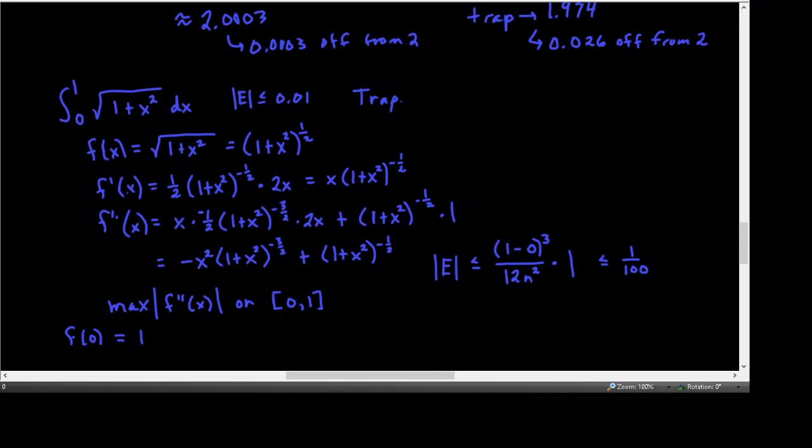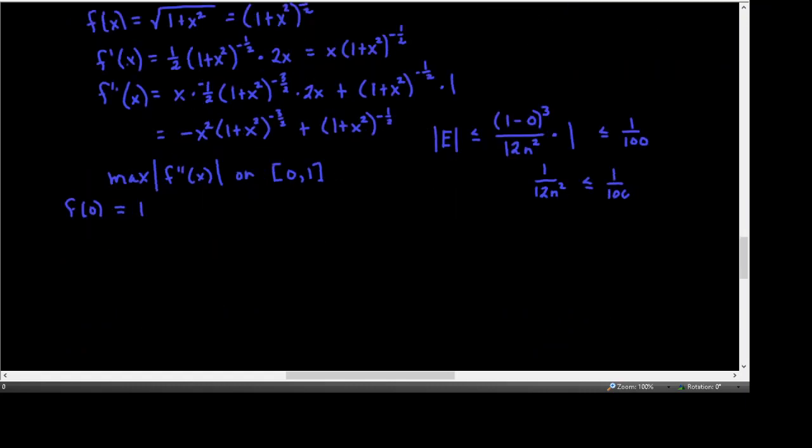And solve for n. Of course, 1 minus 0 is 1, 1 cubed is 1. So this left-hand side simplifies to be 1 over 12n squared. Then to solve for n, I'm going to take the reciprocal of both sides to get the n in the numerator. And the reciprocal of the left side gives me 12n squared.